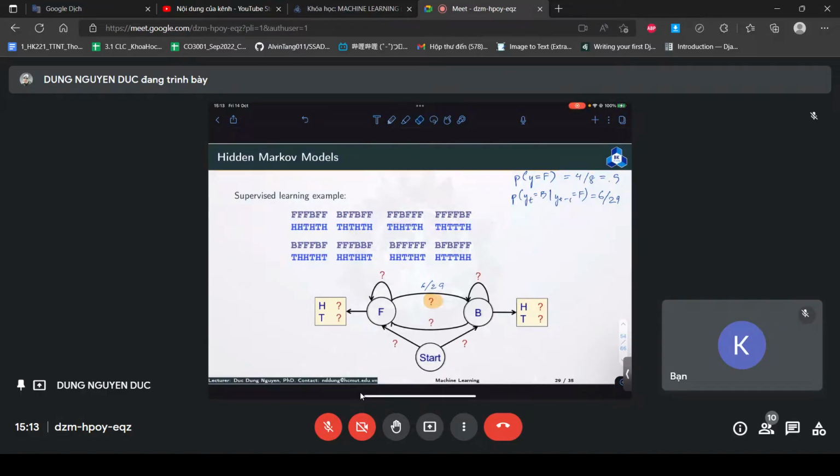Now for the emission probability, for example, I am interested in this number. So it's going to be the probability of x equal to h given y equal to f.